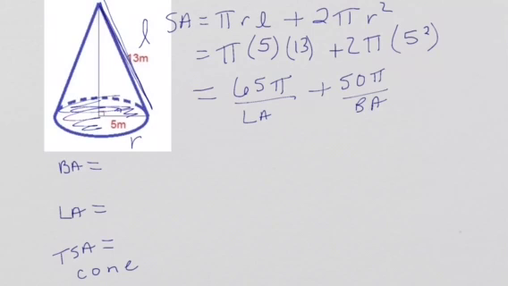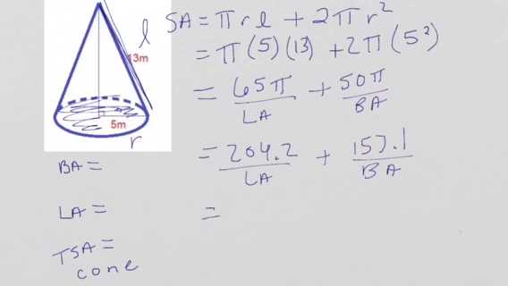Then I'm going to go ahead and multiply. 65 times pi is going to give me 204.2. That's my lateral area. Plus 50 times pi is going to give me 157.1. That's going to give me my base area.